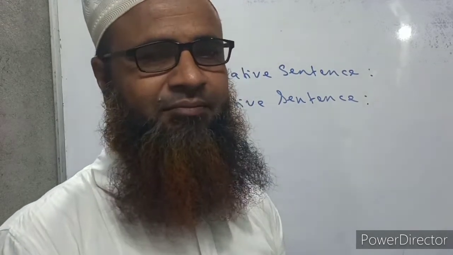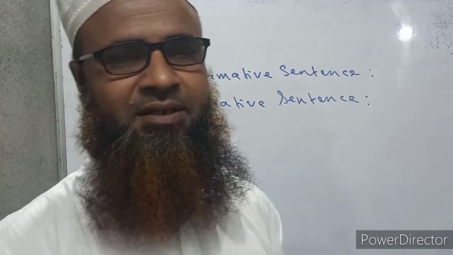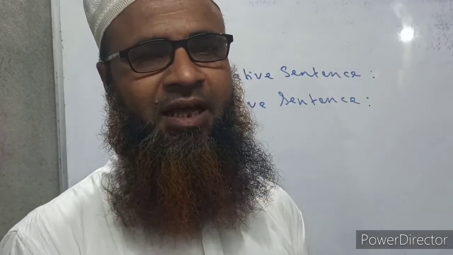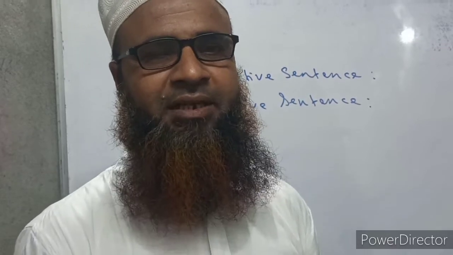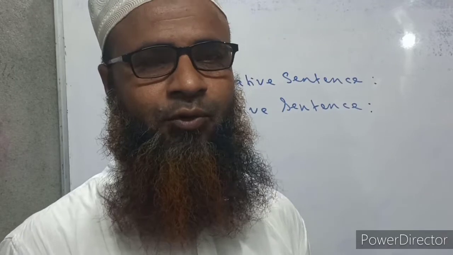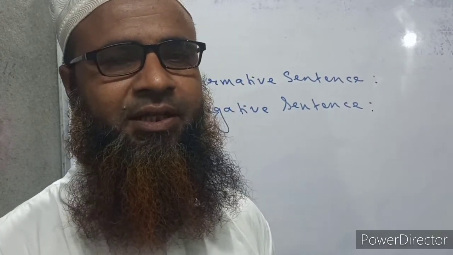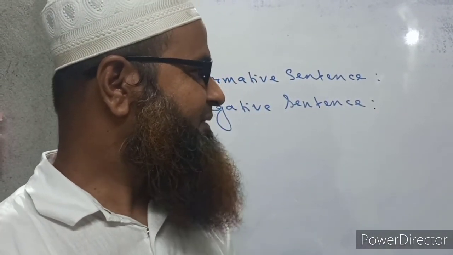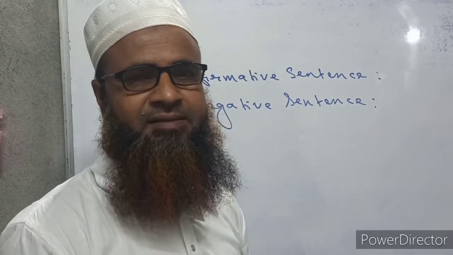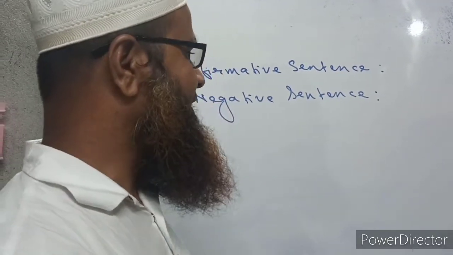Among them, be verb: am, is, are, was, were, then do, does, did, then have, has, had, then can, could, may, might, must, shall, should, will, would, then used to, ought to, again need. All these 24 auxiliary verbs help us to make sentences negative or interrogative.